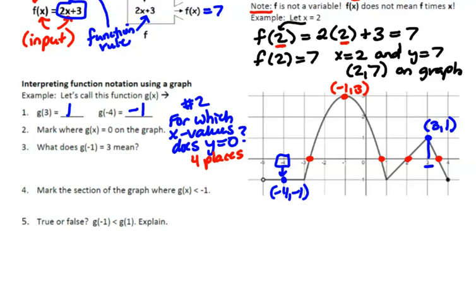So what does that tell me? I could explain it one of 2 ways. I could say when x equals negative 1, y equals 3. Or I could say negative 1, 3 is a point on the graph.